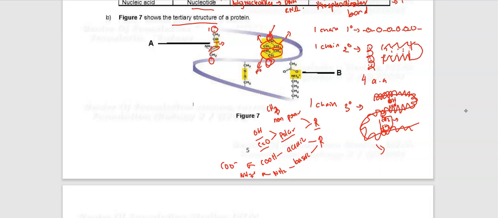They are non-polar amino acid. Same goes to here, non-polar amino acid. So the interaction will be hydrophobic interaction. So as the amino acid is within the core of the protein, it is isolated from the aqueous solution, the aqueous surrounding outside of the molecule. And then you have two types, hydrophobic interaction and also van der Waals interaction.